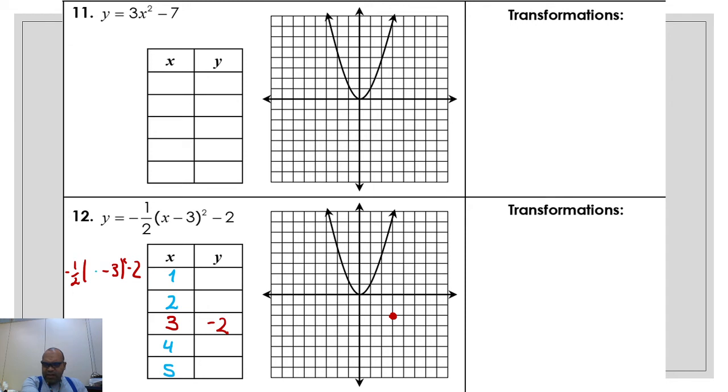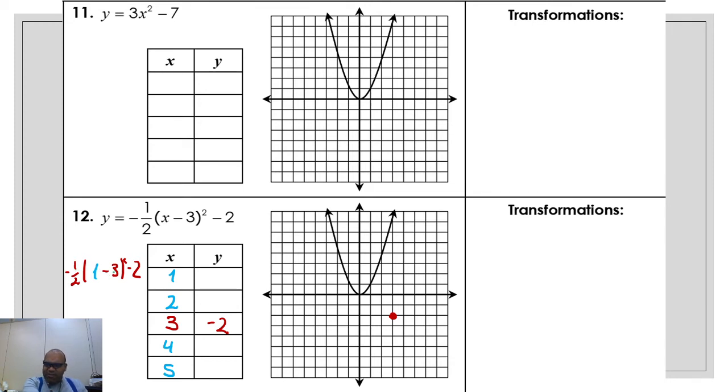Great, let's use 1. If I get a 1, guys, it is my solution. 1 minus 3 is negative 2. Negative 2 squared is 4. 4 times negative a half, or 4 divided by negative 2, is negative 2.